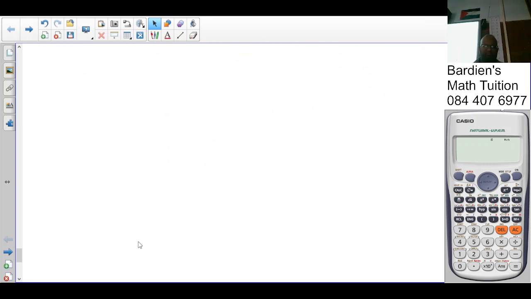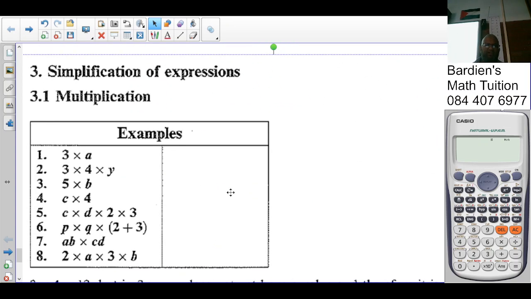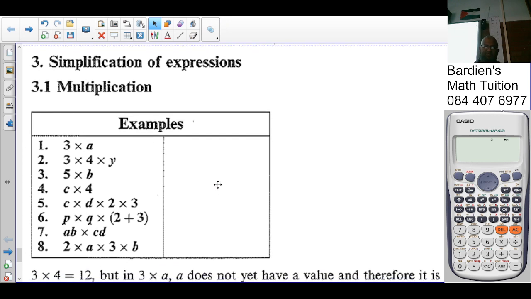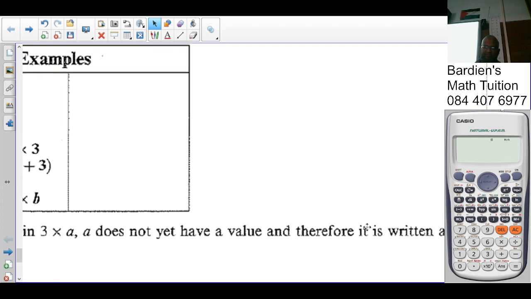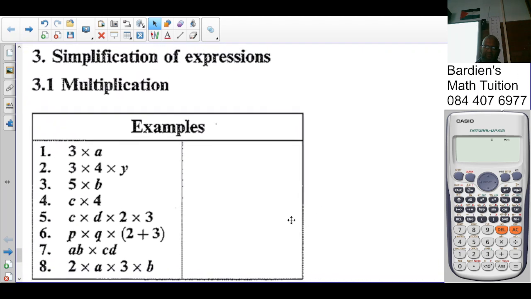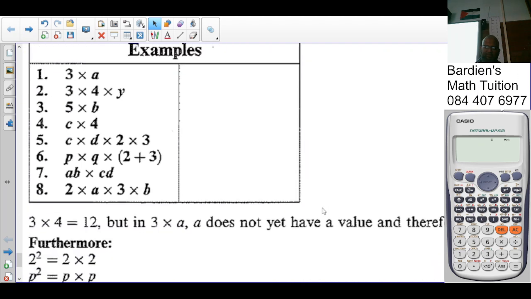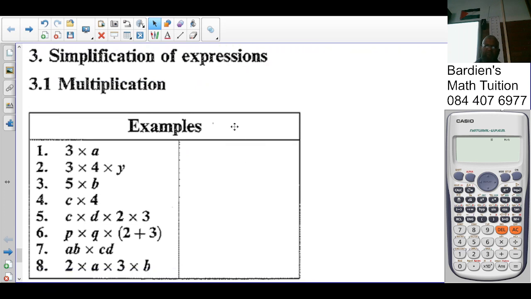You'll see it come into play. We don't do all the stuff unnecessarily for no reason. Simplification of expressions. The first one is multiplication. The examples are on page 17.